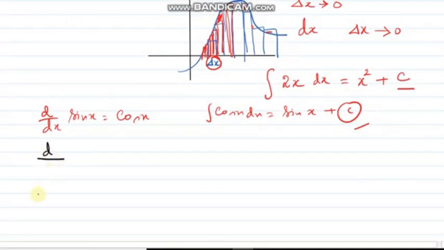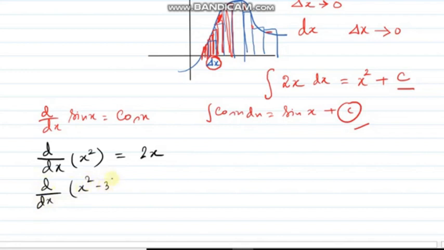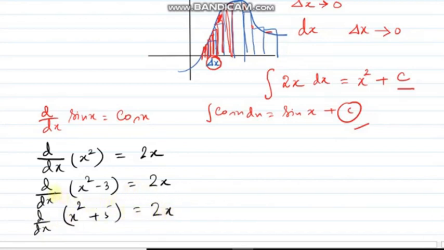As I am discussing integration, I can assume that everyone knows about differentiation. If I ask what is d/dx of x square, all of you can answer, I guess it is 2x. If I ask d/dx of x square minus 3, what will be the answer? 2x, right? d/dx of x square plus 5, 2x, because we know that d/dx of 3, d/dx of 5, d/dx of any constant is equal to 0.